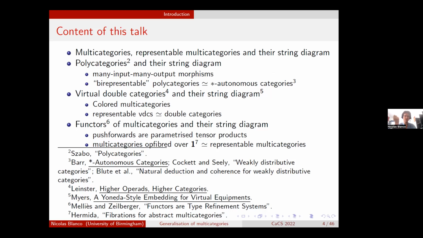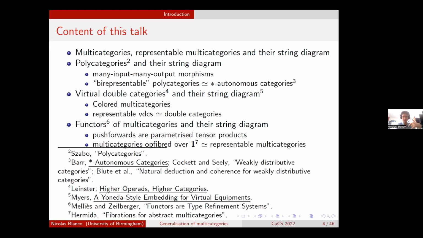The idea is that a virtual double category can be seen as a colored multi-category. And you have a notion of representable virtual double categories that is related to double categories. The string diagrams have been used, for example, by David Jaz Myers in this paper in 2020.